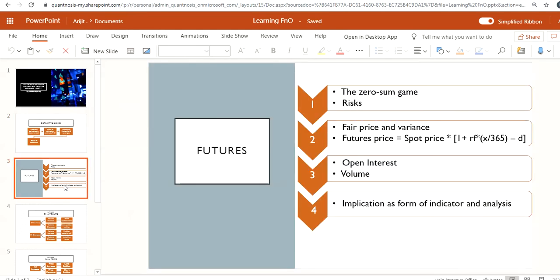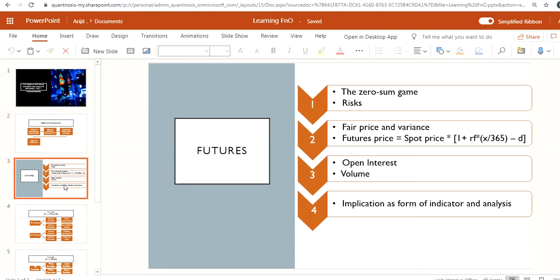So let's talk about futures. Futures are a type of contract, a derivative security, based on, well, quote, future unquote, speculation on an underlying security. Which means there is a futures contract based on a stock, and the price of the futures is based on speculation on the stock.